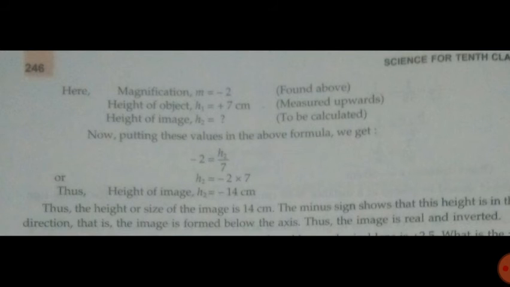That means the size of the image is 14 centimeter, and the negative sign shows that the height is on the downward side of the principal axis, that is, the image is inverted. So here we have got the position as 24 centimeter, the height of the image as 14 centimeter, and the nature of the image as real and inverted.